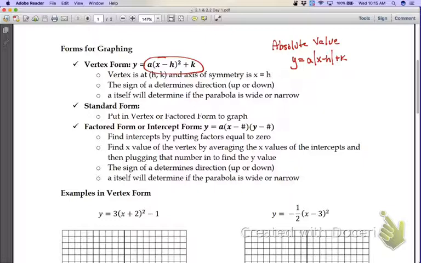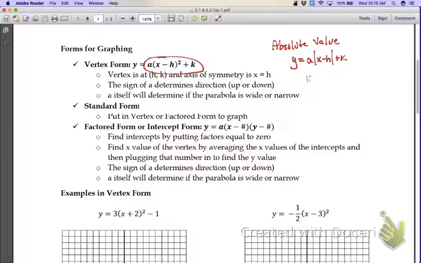Is there really anything different? Just one has a squared and one has the two bars around it, right? A is still the same, just like it was before. H is still how you're going to move left and right, and K is how you're going to move up and down.